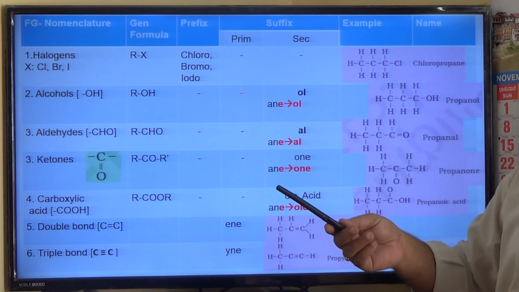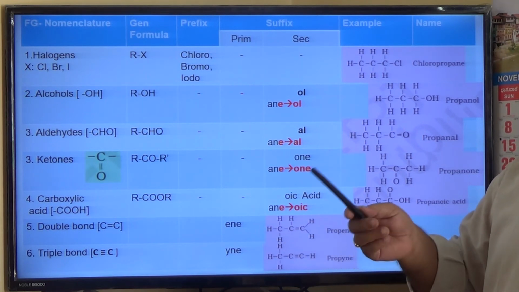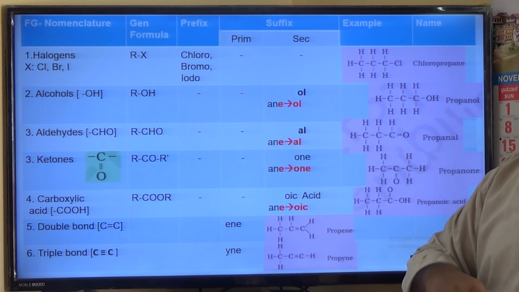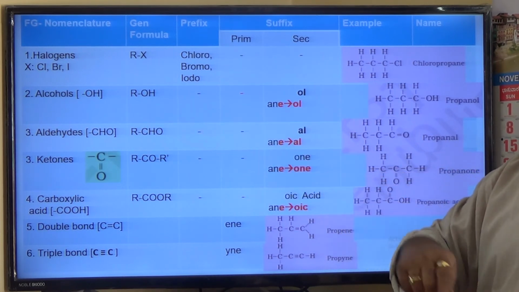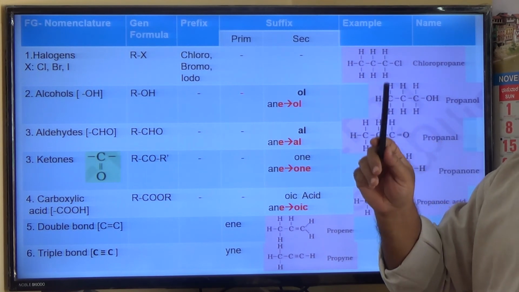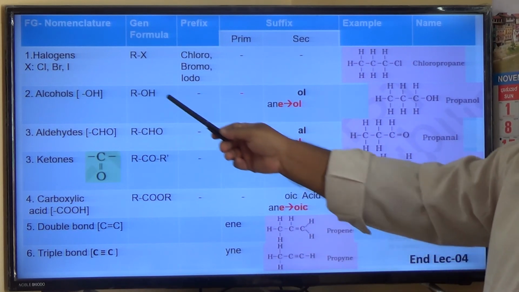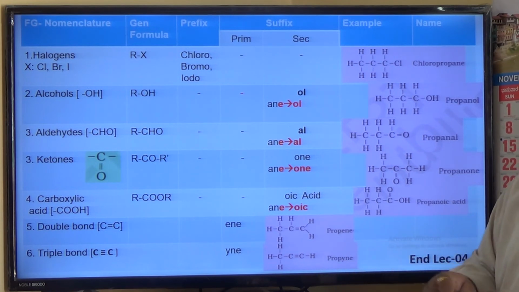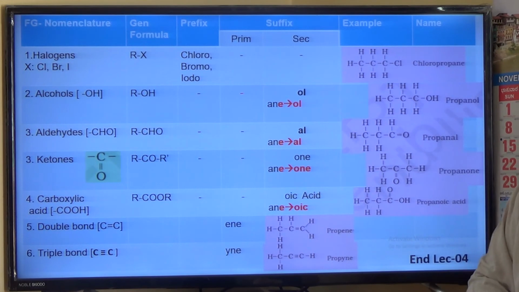So methanol. Take ethane, attach hydroxyl group. Out of that ane, replace E with OL, ethanol. So if a hydroxyl group or alcohol is attached, the names of the compounds will be methanol, ethanol, propanol, butanol, pentanol. Like this it continues.